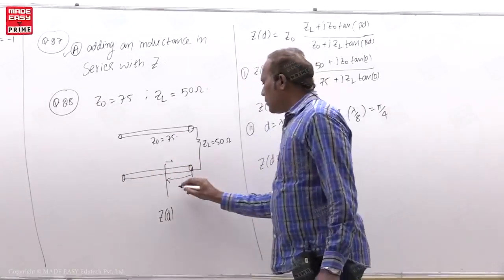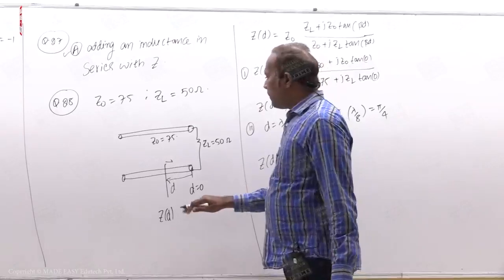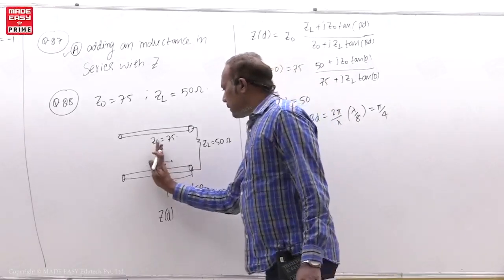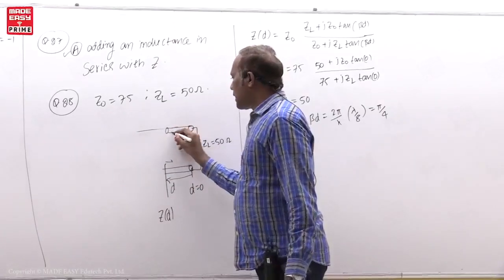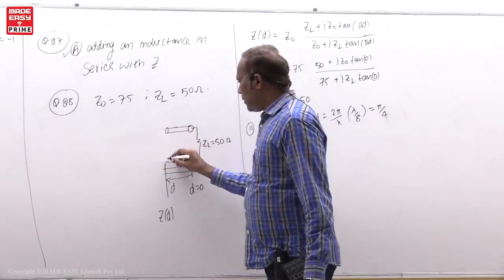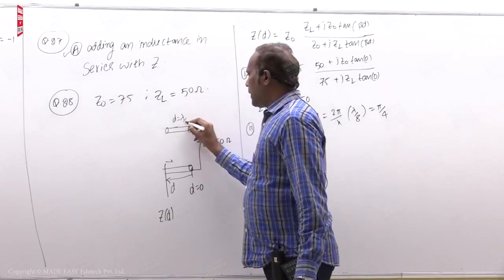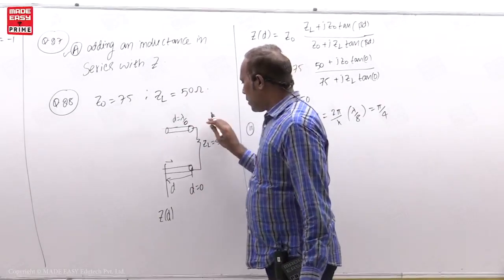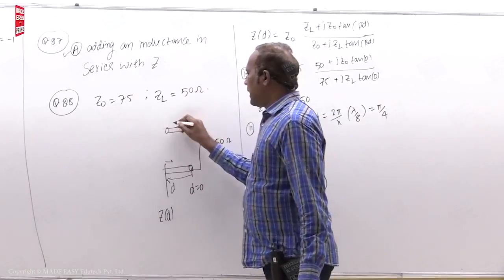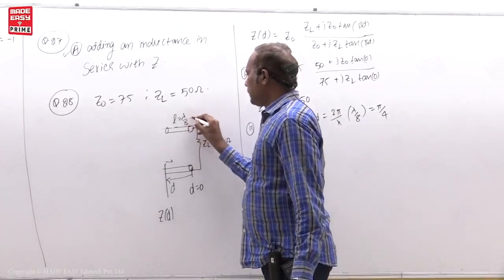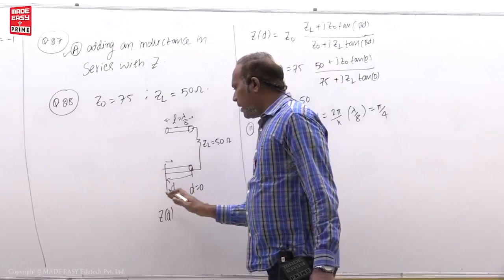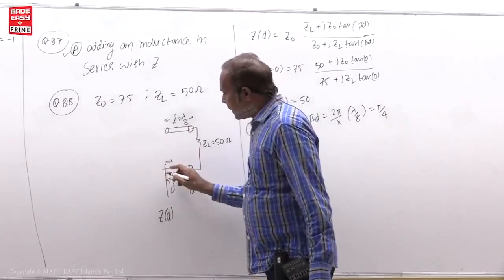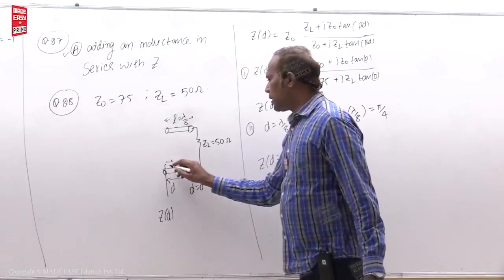If you take D is equal to lambda by 8, assume that nothing else is there, only a transmission line of overall length lambda by 8. Then automatically you are finding the impedance at the other end, that is the input end. That's what he was asking.